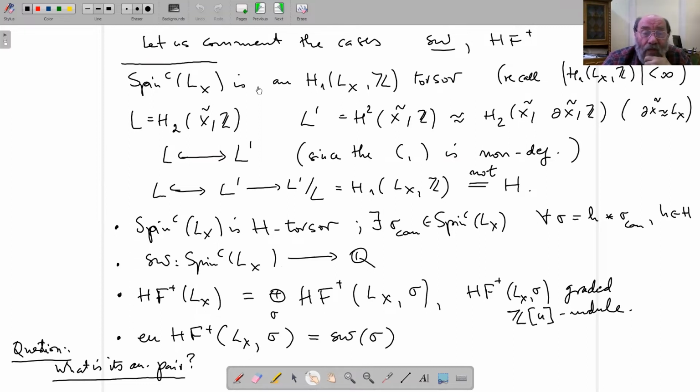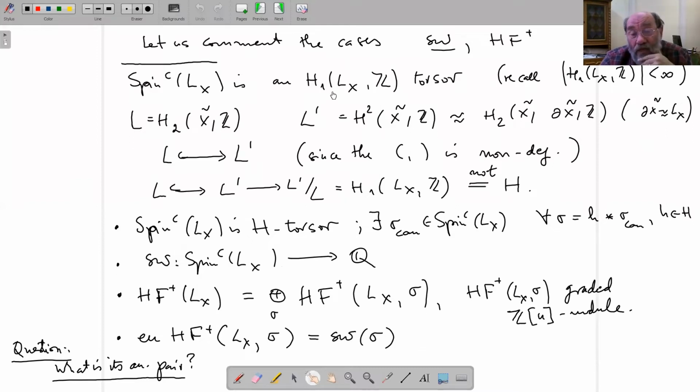We know that this is an H1(L,Z)-torsor, where H1 is the first integral homology of the link. By our assumption, because the link is a rational homology sphere, this is a finite abelian group. The spin^c structures form an H-torsor, so their cardinality is the same.